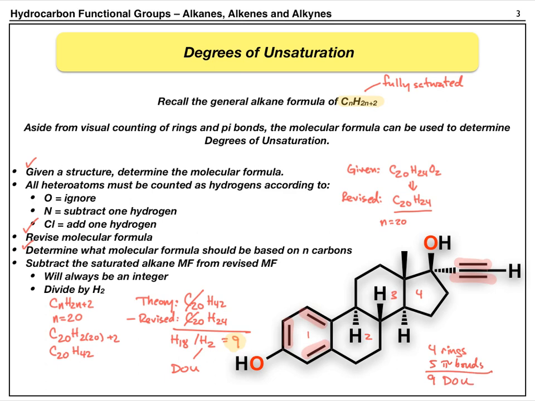So we've done it visually, and we've done it with the algorithm shown on this slide. So basically, we've tied the two together. We have 9 degrees of unsaturation, 4 of which consist of rings, 5 of which consist of pi bonds. And the reason this information is useful to us is because we can then differentiate how each carbon will react under various reaction conditions.